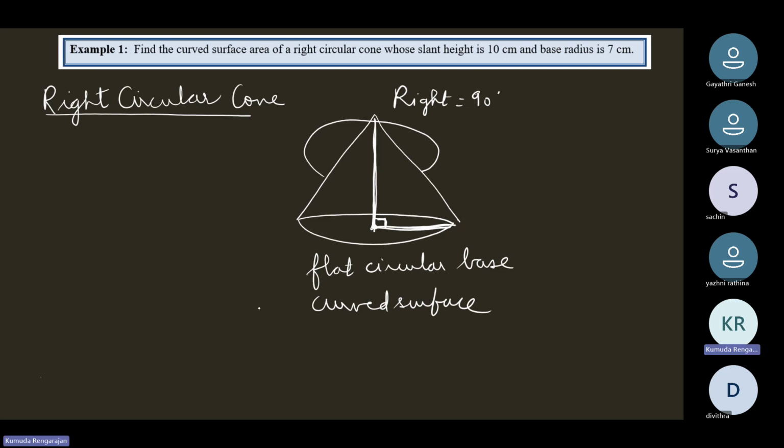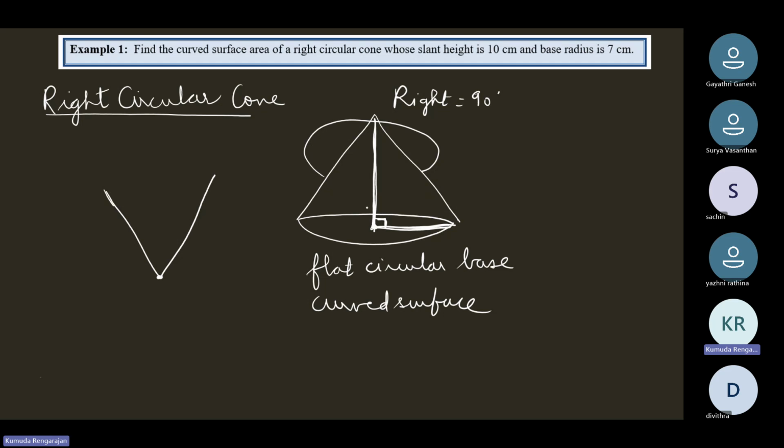The volume is the capacity of any vessel or container. When we say volume of a cone, it's the amount of liquid the cone can hold. If you hold the cone upside down like this, supposing it's a conical vessel, you cannot place it on the table because it doesn't have a broad base.